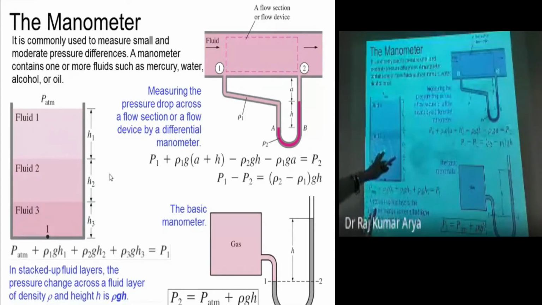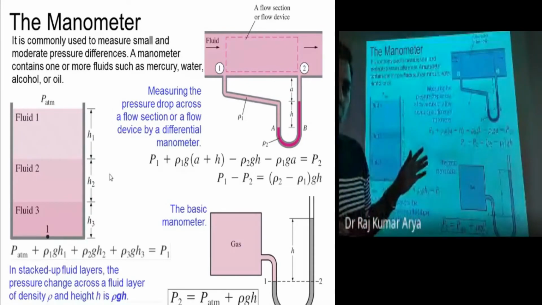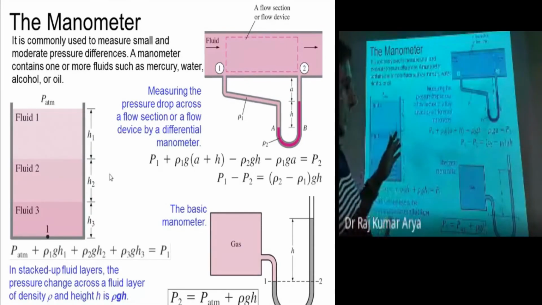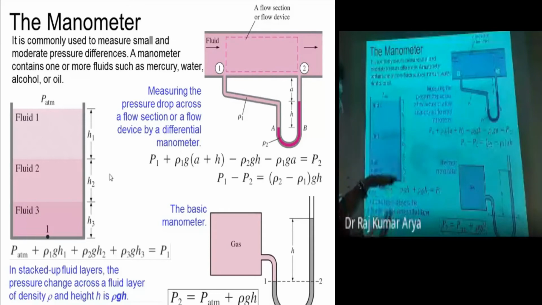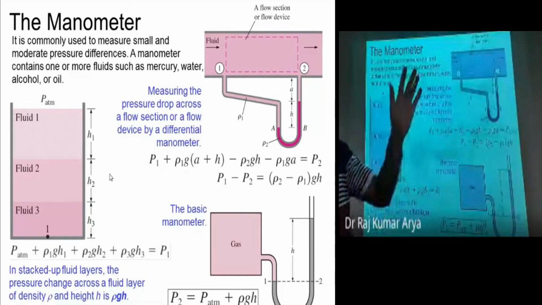Now come to this particular part. Let's say you have a distillation column or a reactor. For the time being, you can take a distillation column. In a distillation column, several products come out of the same column.